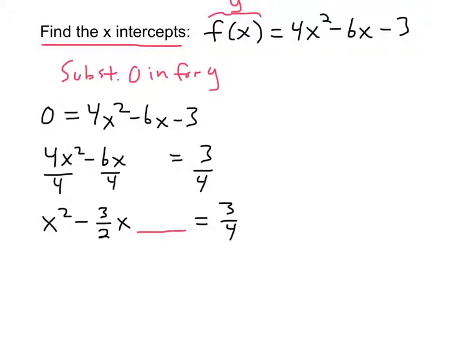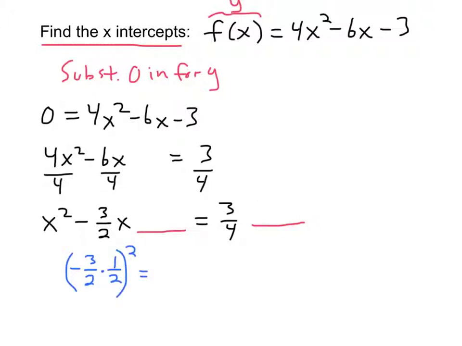And whatever we add to the left, we're going to have to add to the right. So then we'll take half of this number. Now when you take half of a fraction, rather than dividing it by 2, you're better off taking the fraction and multiplying it by 1/2. Because dividing by 2 is the same as multiplying by 1/2. And then you're going to have to square that answer.